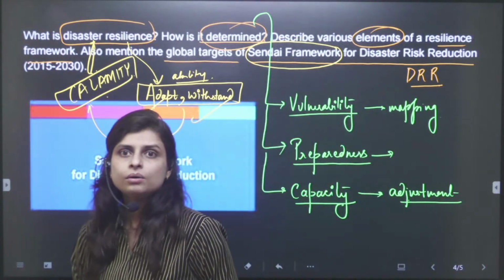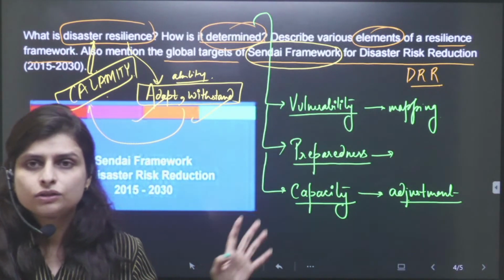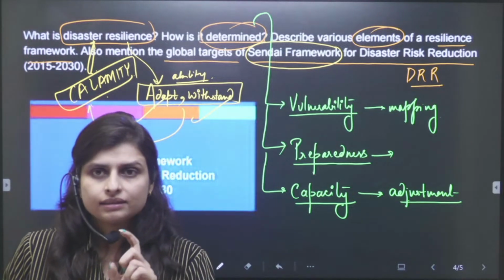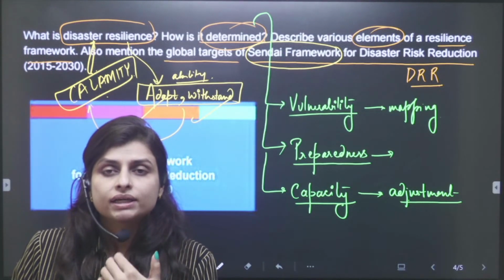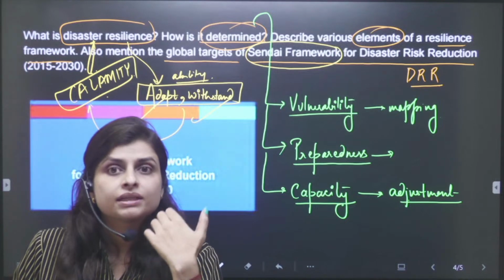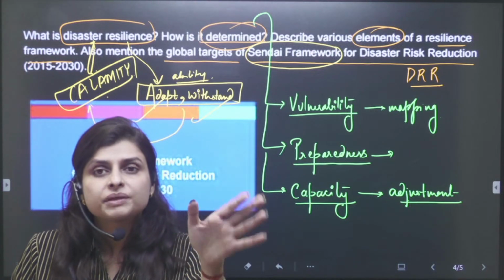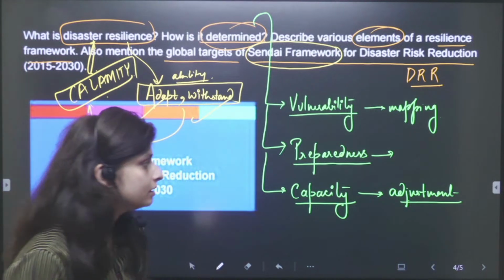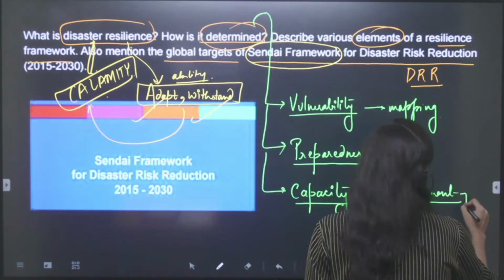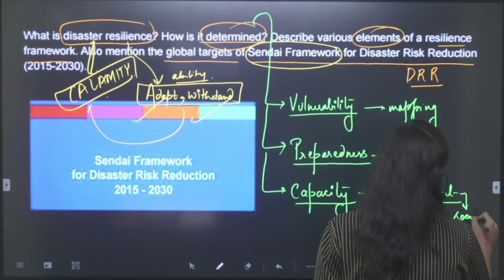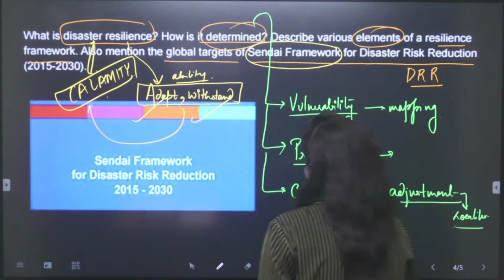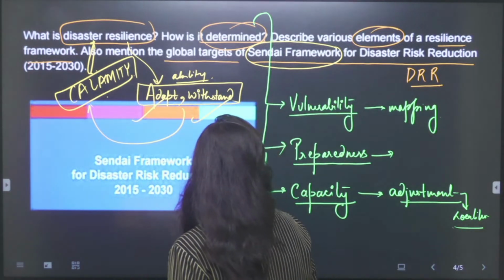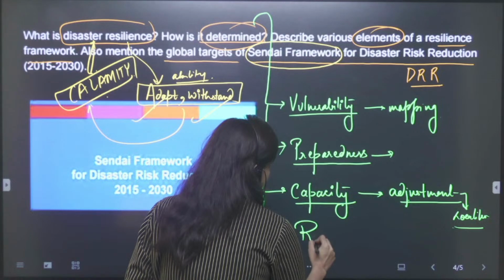So what is our capacity to deal with that disaster, or what is the capacity of the people, the locals that matter? Are they able to adjust? So adjustment. Now next one is your risk management.